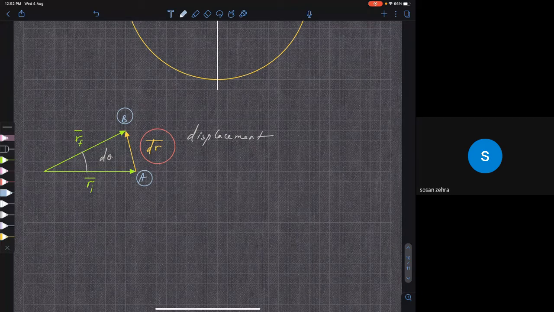Yes, sir. So here dr bar equals rf minus ri. Okay, so just leave it.